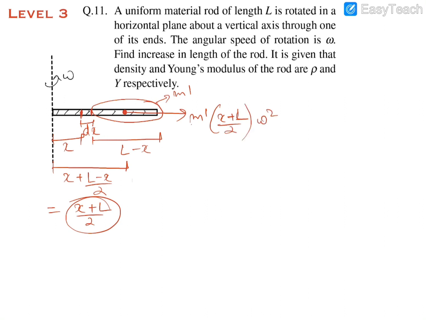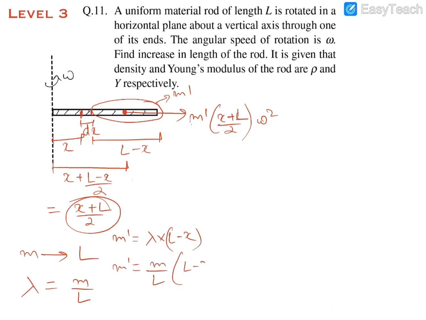Now m dash is the mass of this part. We can say that mass m is distributed over the complete length L, so the mass per unit length will be m by L. So m dash will be lambda into (L minus x), which is m by L into (L minus x).